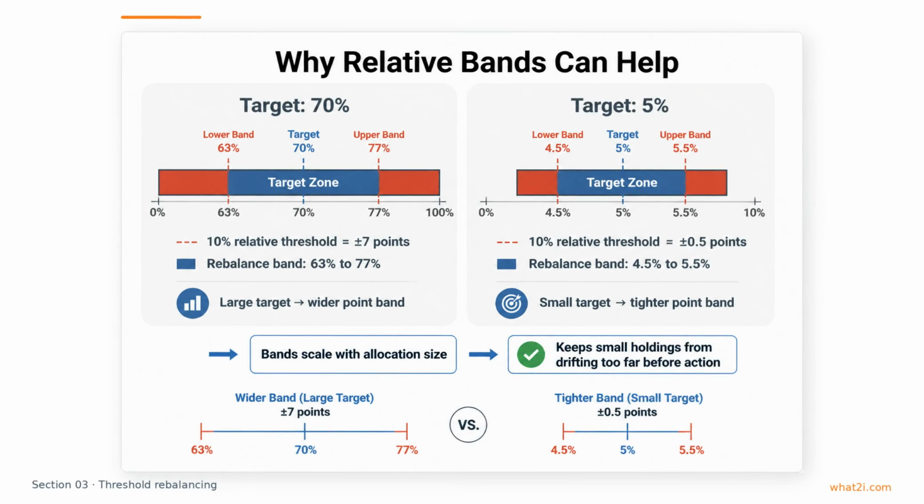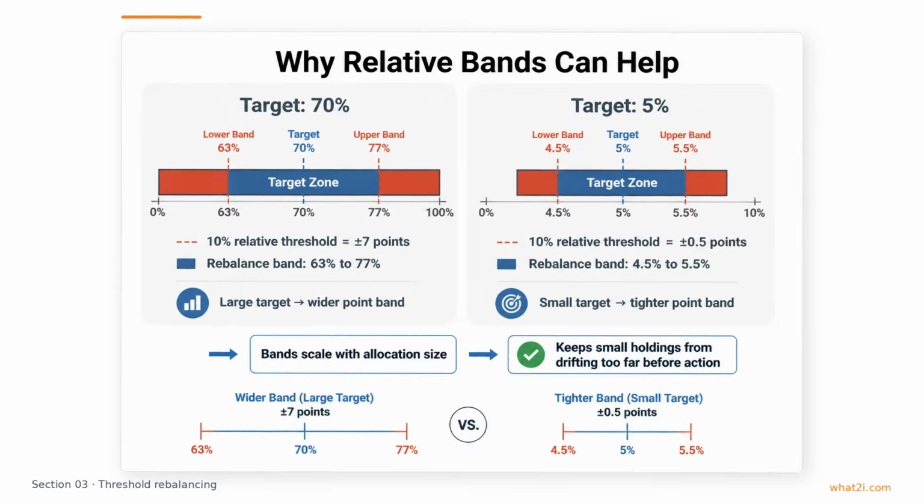Relative bands can be especially helpful when some allocations are large and others are very small. A large target, such as 70%, may reasonably tolerate a wider movement in percentage points, while a small target, such as 5%, may need a much tighter point range to avoid becoming materially distorted.